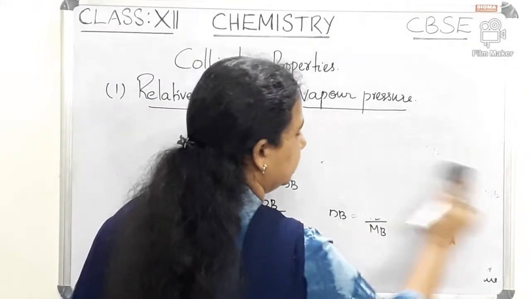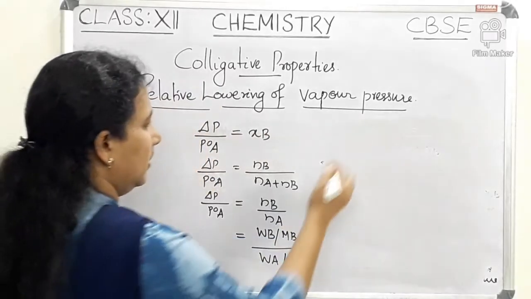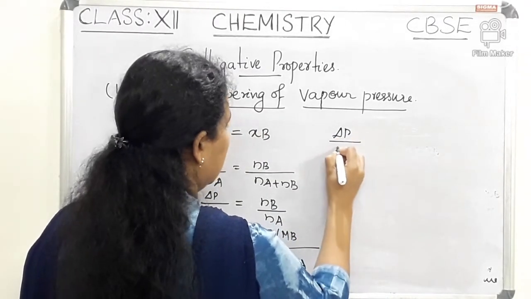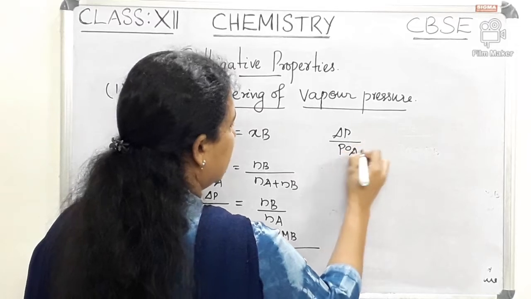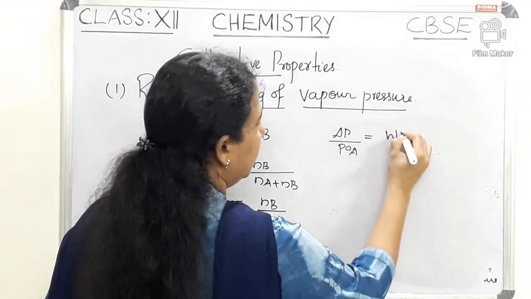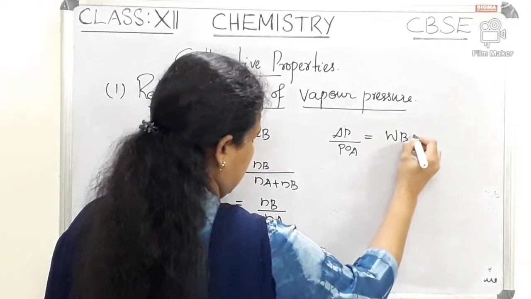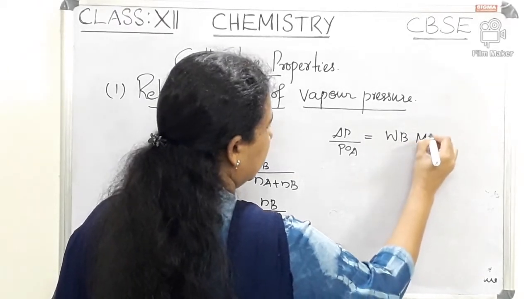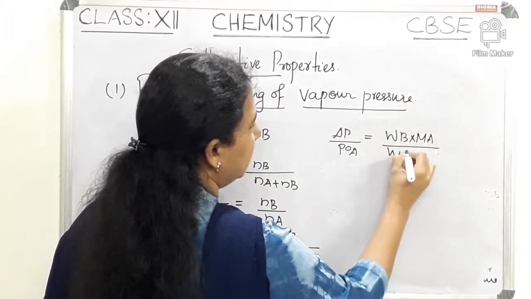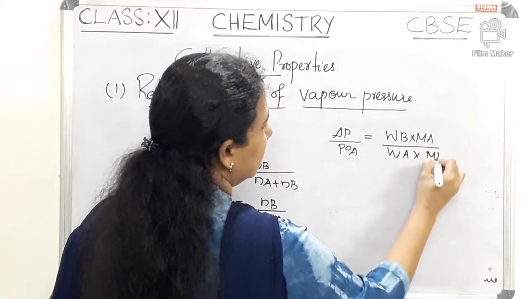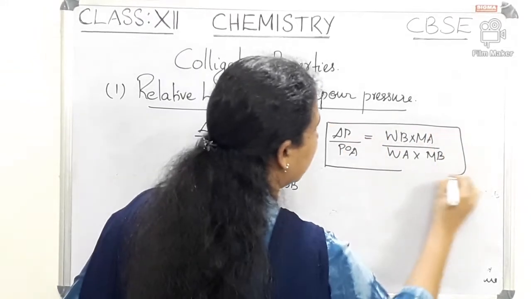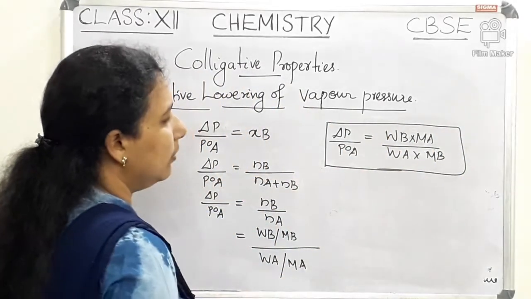Therefore, delta P divided by P0A is equal to WB into MA divided by WA into MB. So this is the expression for the relative lowering of vapor pressure.